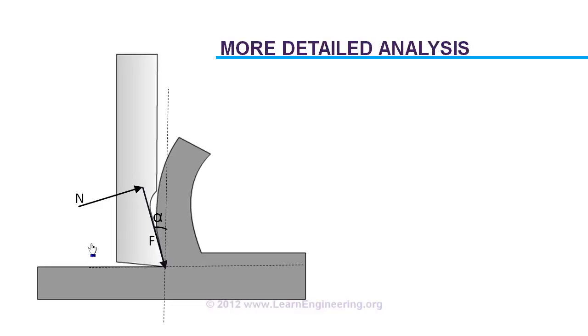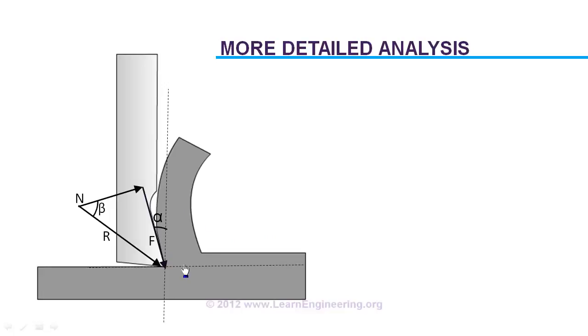So the resultant force acting on the chip will be like this, as a sum of normal and frictional force. And you can determine the friction angle beta if you know the coefficient of friction between the chip surface and cutting tool surface. So the resultant force R is acting on the chip on the cutting tool side.